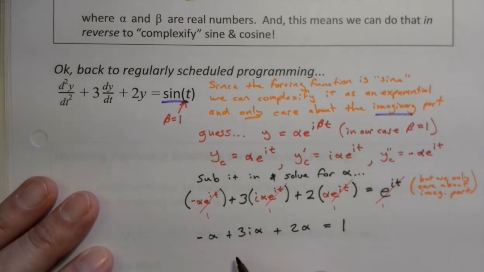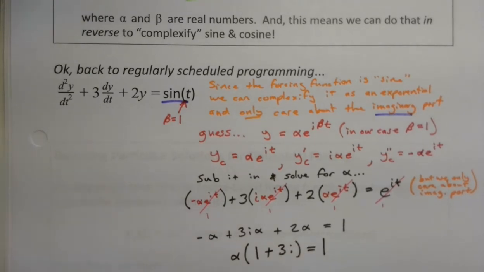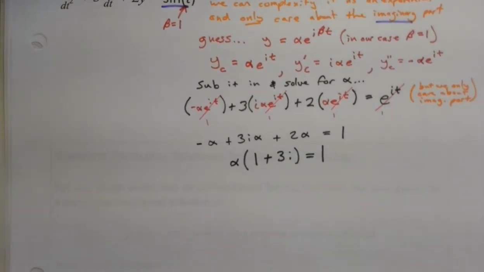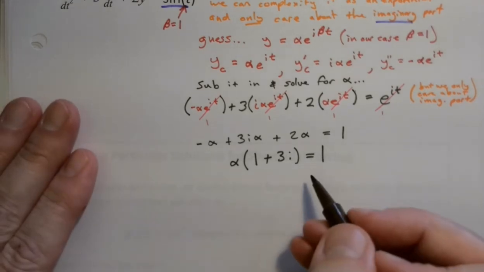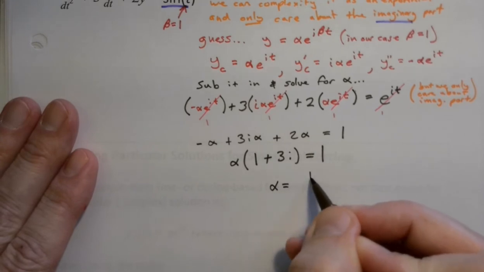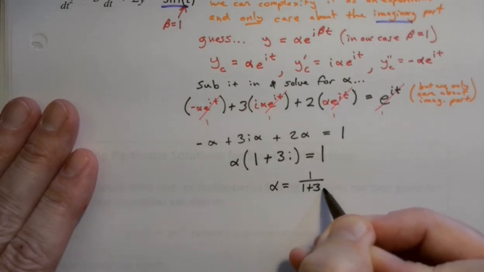And so if I factor out an alpha, it'll be alpha times 1 plus 3i equals 1. Again, I'm looking for the value of alpha that makes this true. So I'm going to divide both sides by 1 plus 3i. So alpha is going to be equal to 1 over 1 plus 3i.